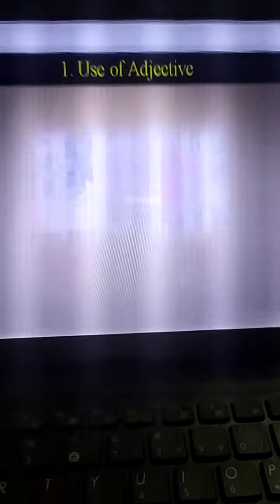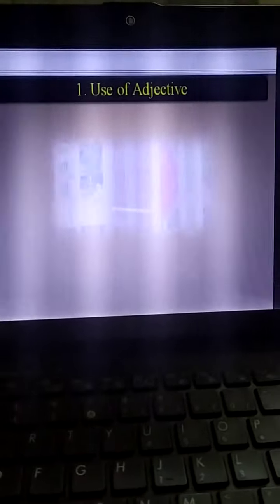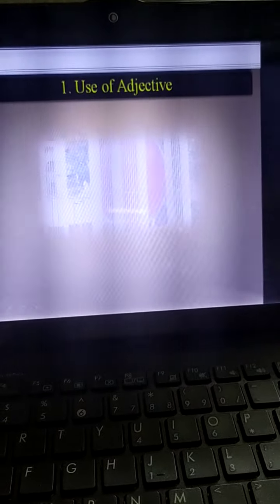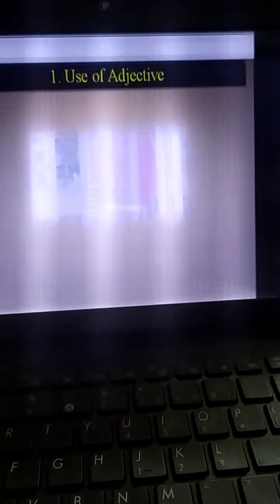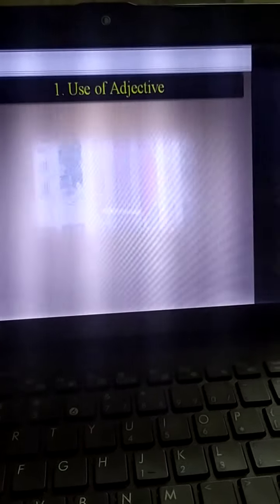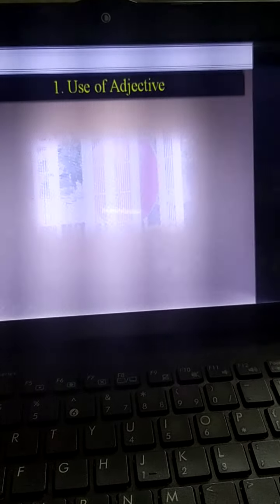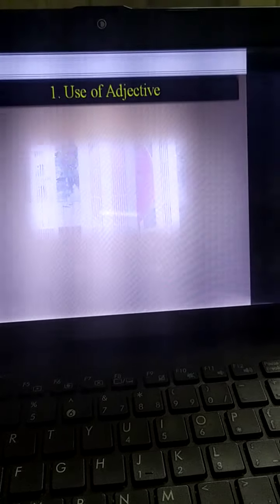Firstly, use of adjective. You have studied parts of speech in your previous classes, in class 6, 7 or 8, and I think adjective is a very common word. Parts of speech: noun, pronoun, adjective.